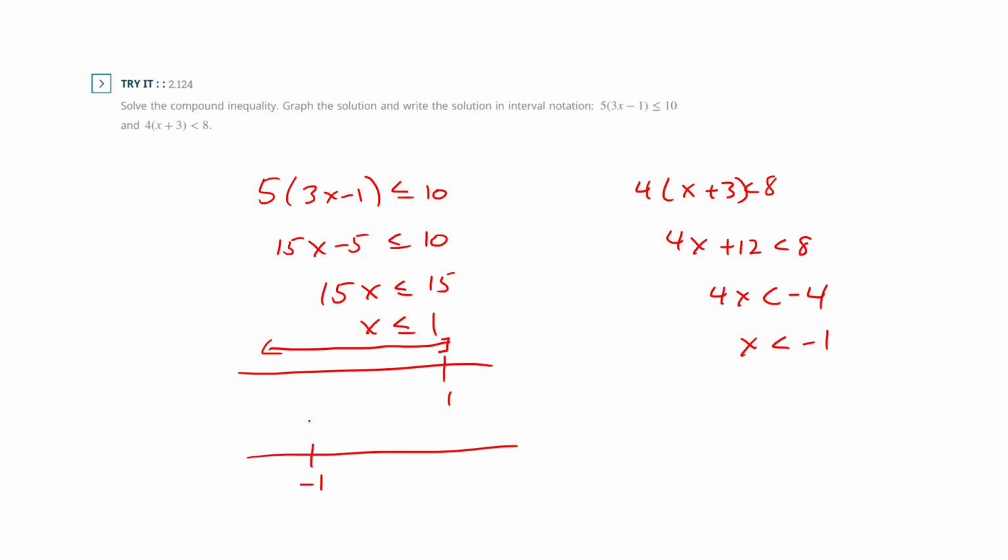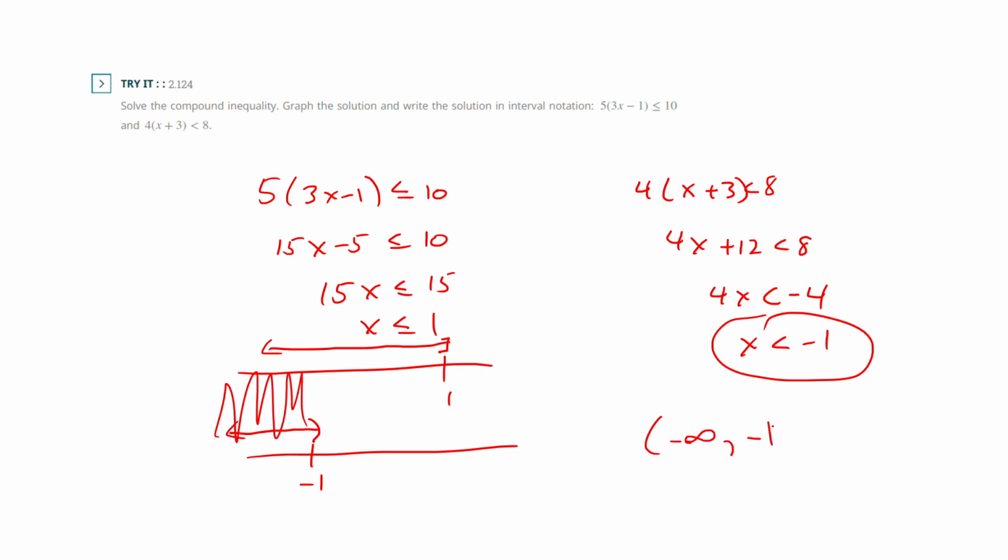And I have a parenthesis as we're less than -1. Okay, this is an and again, so I need the overlap, and the overlap once again would only be up to here. So it's once again this one, that answer. So we need to put that in interval notation. It'd be negative infinity to -1. Pay special attention to that end, it'd be a parenthesis.